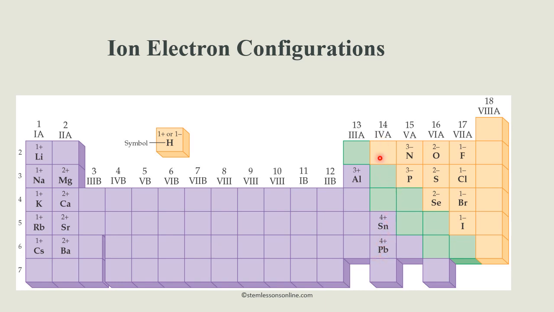From the 15th group onwards it's going to be negative because they are non-metals. So nitrogen will have -3, phosphorus also will have -3, and the 16th group all will have -2, the 17th all will have -1. We don't talk about noble gases because no ions are formed.